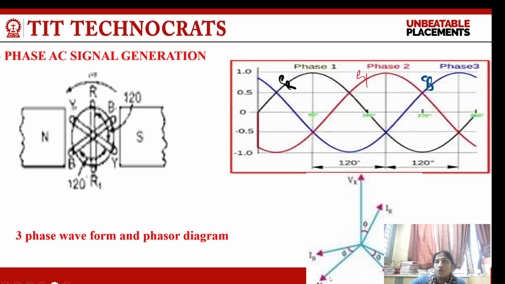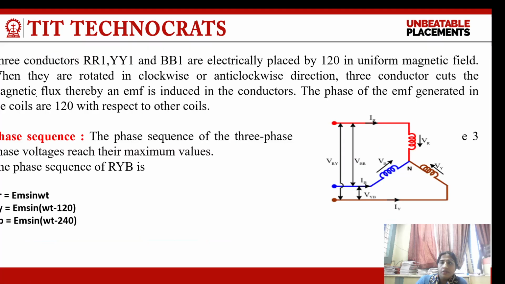So these three windings, the three-phase signal, can be obtained either by star connection or by delta connection. Before proceeding with the star or delta connection, I would like to explain phase sequence.